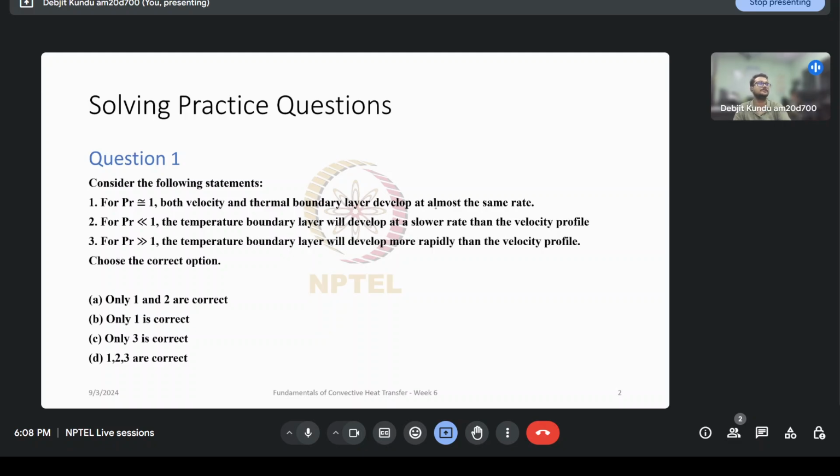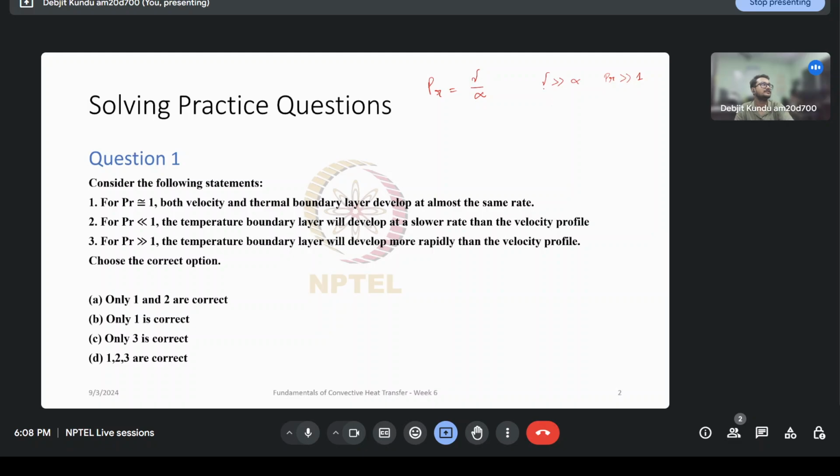So Prandtl number, as we know, is the ratio of the momentum diffusivity or the viscosity to the thermal diffusivity, that is alpha. So if, let's say, the momentum diffusivity is much greater than alpha, then Prandtl number will be much greater than 1.